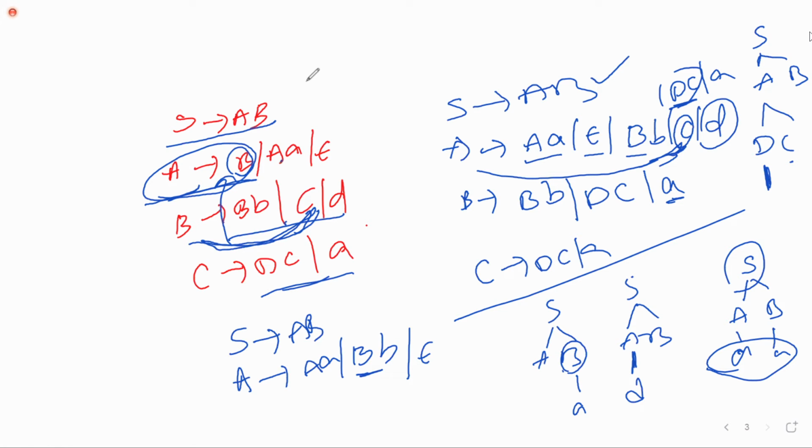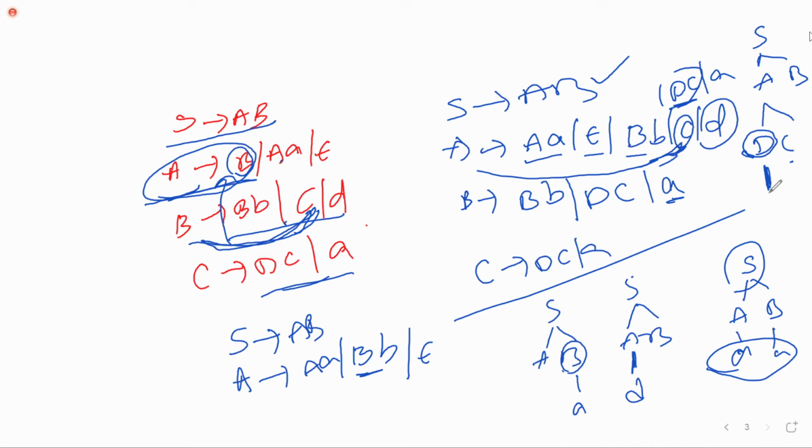Are you following, ma'am? Why did I call D a useless symbol? What are the main conditions of useless symbols? The first point is the variable which is not reachable from the start symbol. The next condition is the variable which is reachable from the start symbol but does not lead to any terminal. It is reachable from the start state but not leading to any terminal, which means we never get the string.